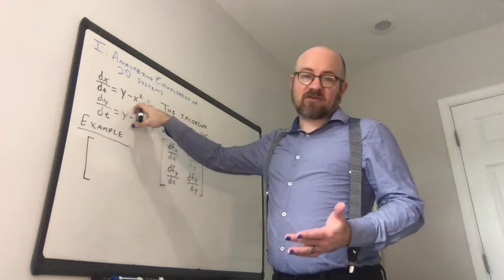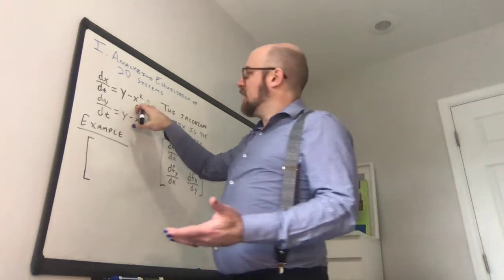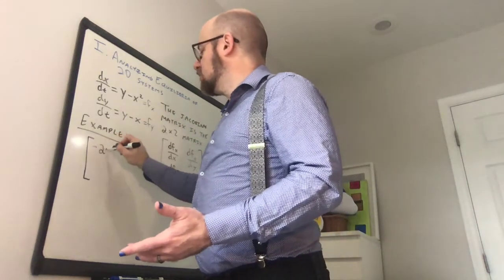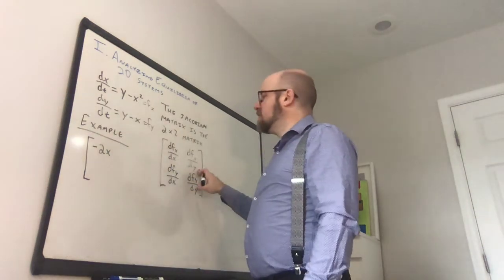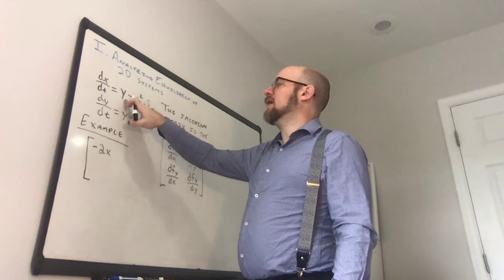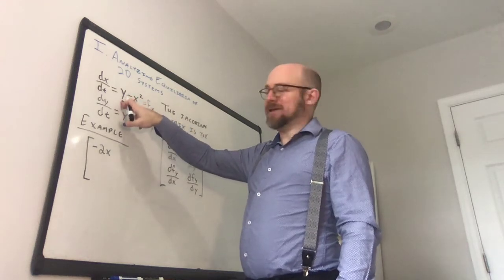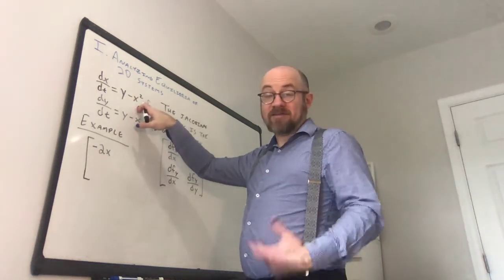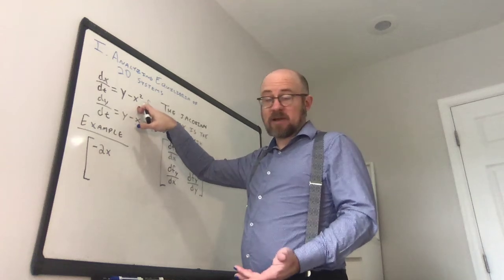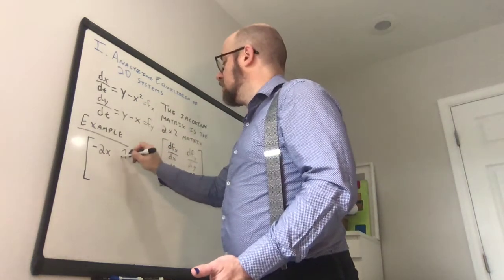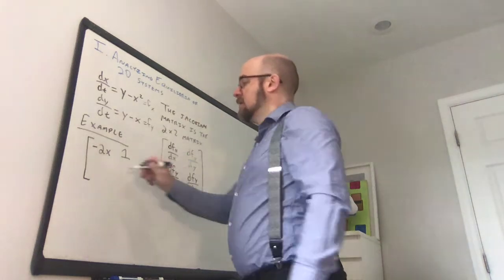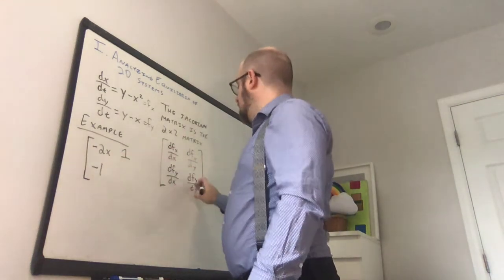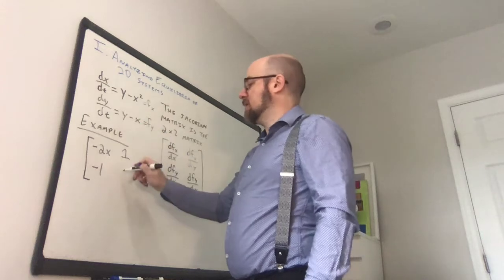The derivative of x squared is 2x, and so we get minus 2x here. Okay? Derivative of f_x with respect to y, derivative of y is 1. Derivative of x squared is 0 because x is a constant with respect to y. So we get 1. And then ∂f_y/∂x is negative 1. And ∂f_y/∂y is positive 1.